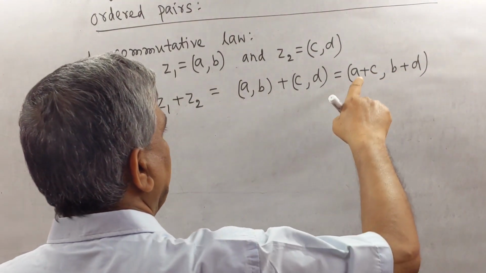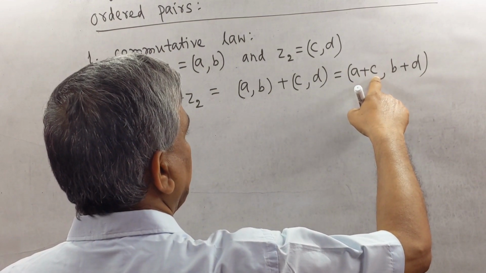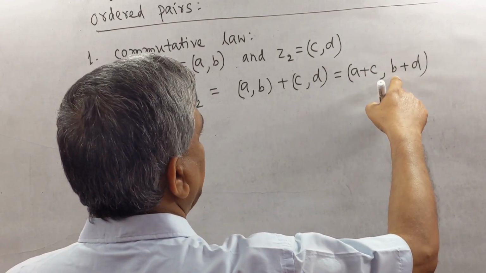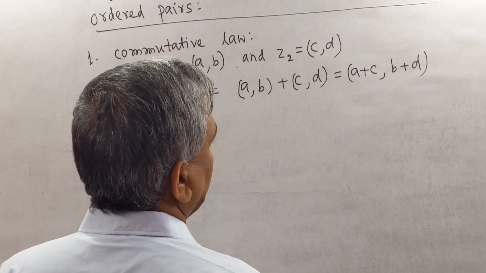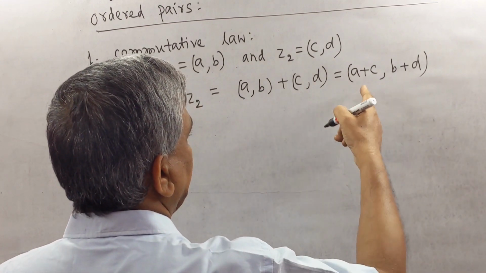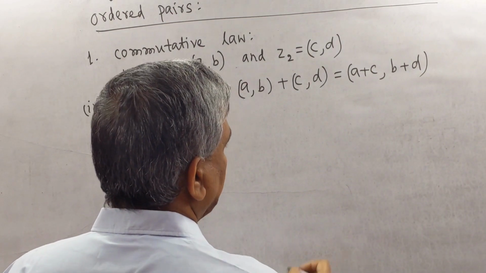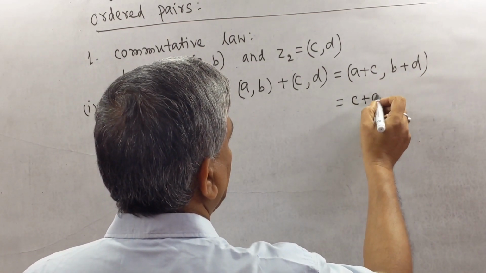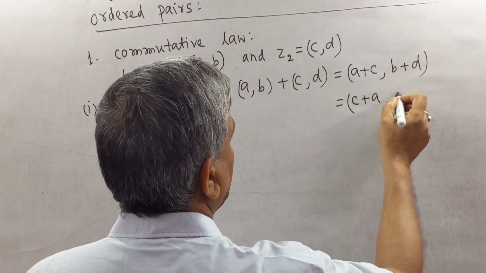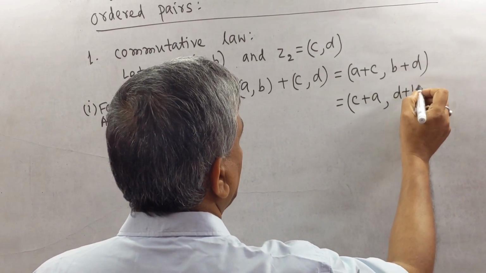As a and c, also b and d are real numbers, and real numbers are commutative with respect to addition. So we may write this as (c plus a, d plus b).